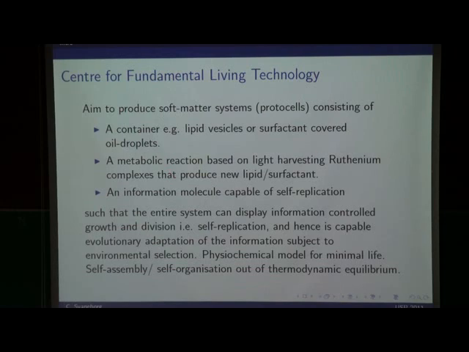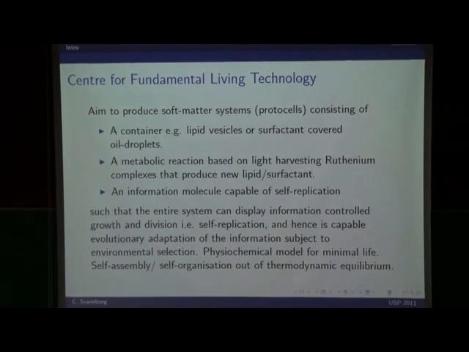Then the goal is to also have information molecules, which could be DNA or XNA or some other molecule containing information. This molecule should also be capable of self-replication, and we want to couple the information content of this molecule to the metabolic reaction, such that we have information controlling chemical reactions, producing soft matter systems. The goal is that the entire system, consisting of container, metabolic reaction, and information molecules, can display information controlled growth and division, i.e. self-replication.